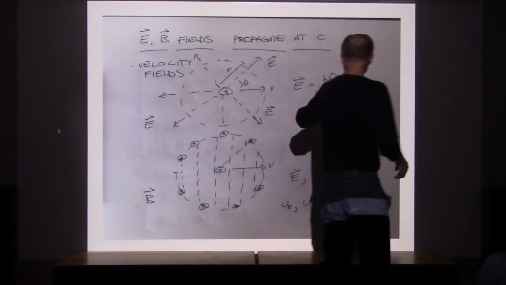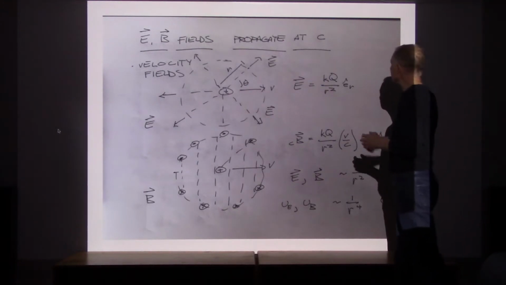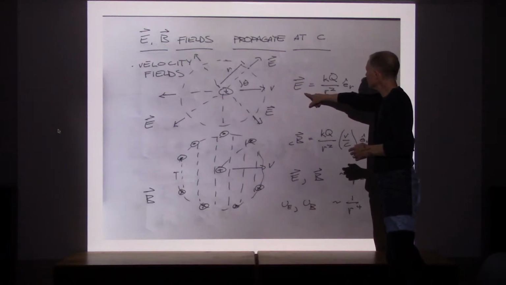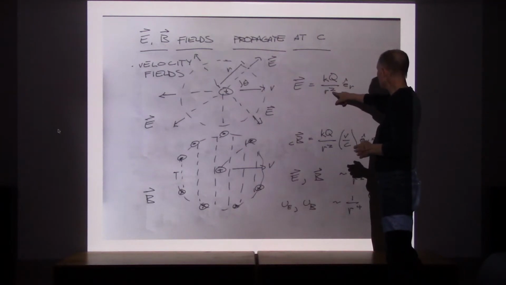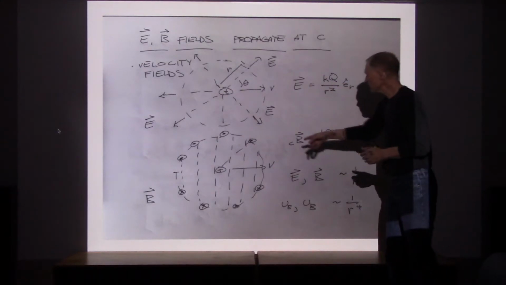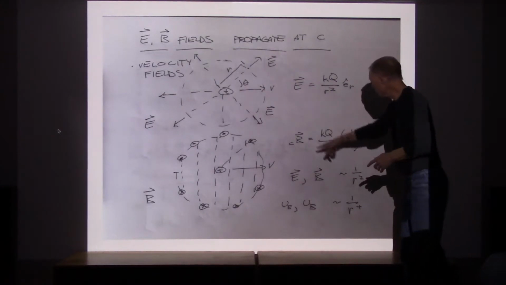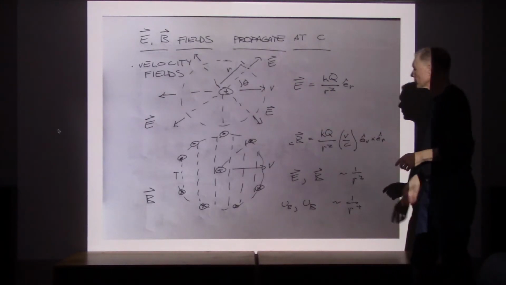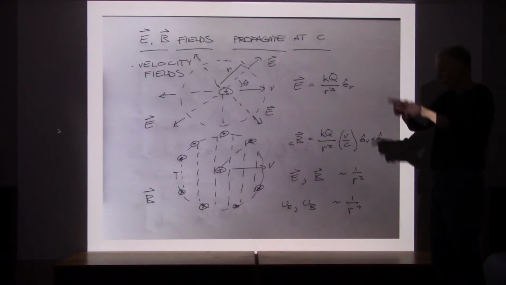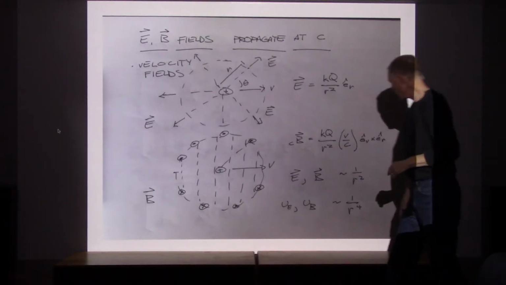And way back in chapter 21, when we started out with electromagnetics, we said that there are electric fields that are kq over r squared, and they radiate away from a charge, and that if the charge is in motion, in addition to the electric fields, we will also get magnetic fields, and those magnetic fields are forming circular loops around the direction of velocity.